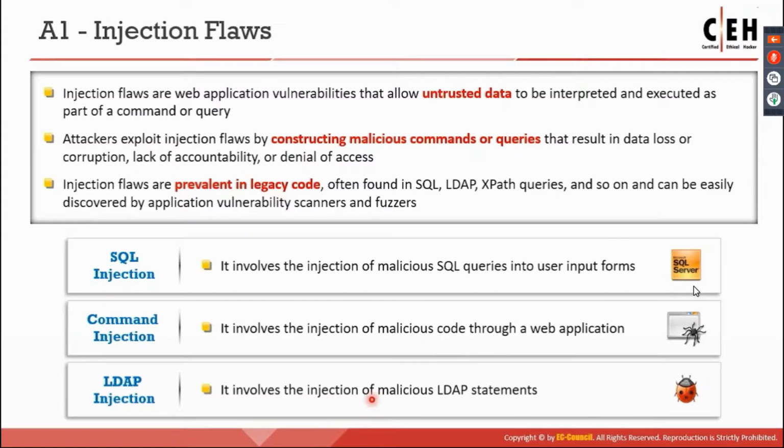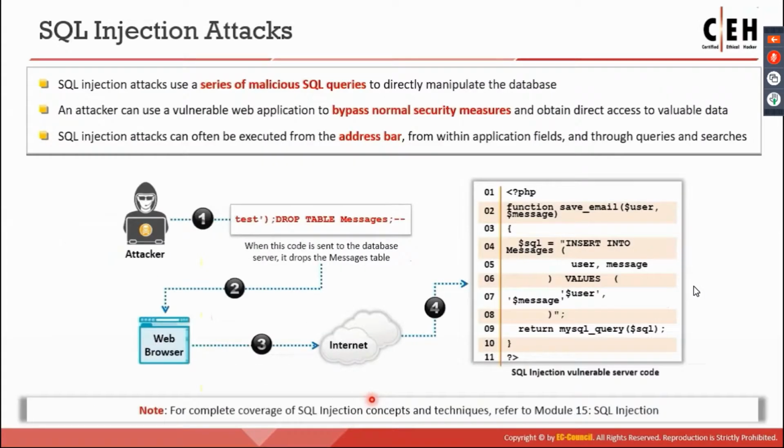With LDAP injection, the attacker can add and remove users from directory services, change passwords, change attributes of user objects, account objects, group objects, depending on the level of access they've been able to get. All of those can be injected into, for instance, a URL, or also into a web form, and in many other ways.